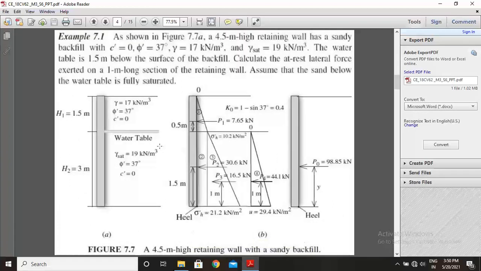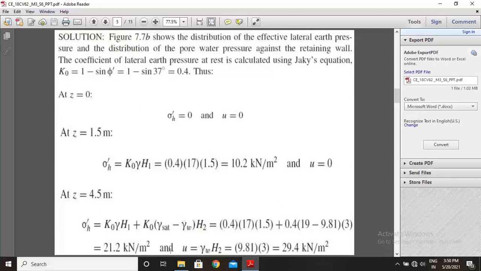See here, the water table is below the 1.5 meter depth, so we are multiplying density in terms of gamma submerged, that is gamma saturated minus gamma W, into height H2. So now substitute the values here. K0 is 0.4, gamma is 17, H1 is 1.5 plus 0.4 times, K0 is 0.4, gamma saturated is 19, gamma W is 9.81, H2 is 3 meter, so we are getting 21.2 kilonewton per meter square.